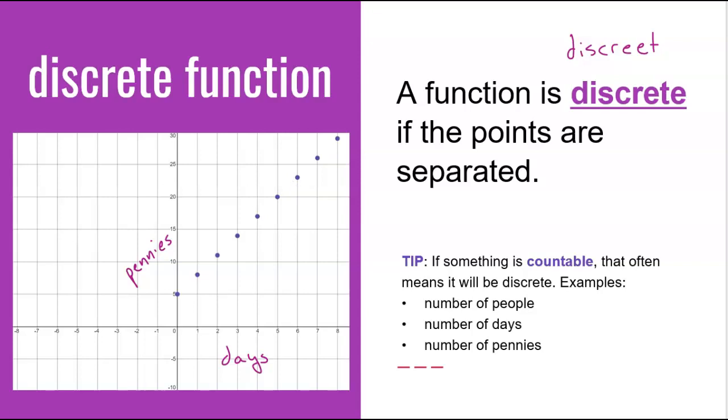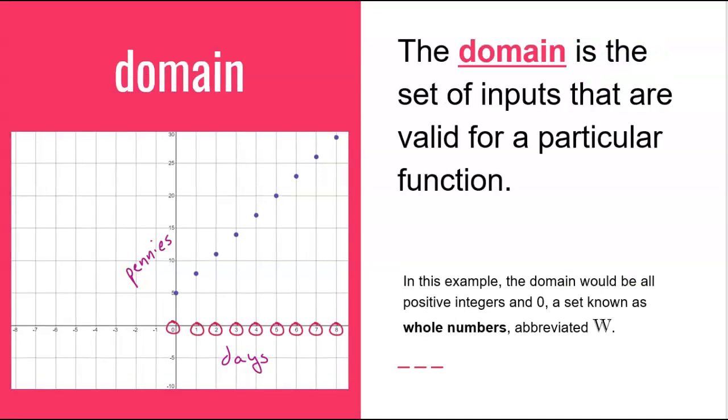Now another concept we hinted at a minute ago was the domain. The domain is the values of the inputs that are valid for this function. So we talked about how -1 is not valid and -2 is not valid. Going backwards in the days doesn't make sense. Also in this one, 0.5 was not a valid input because she didn't have a different number of pennies for half a day.